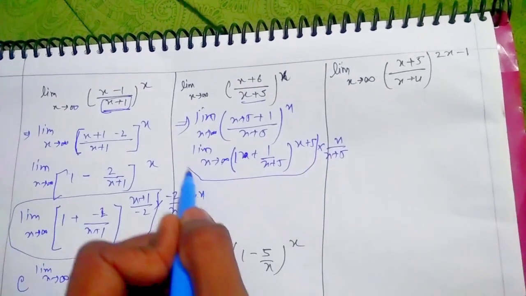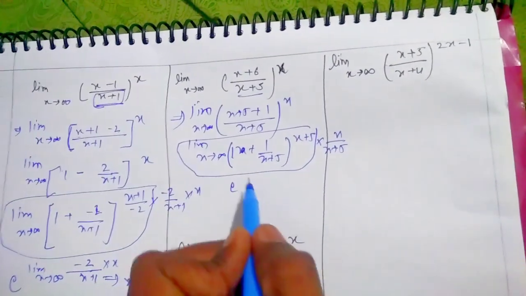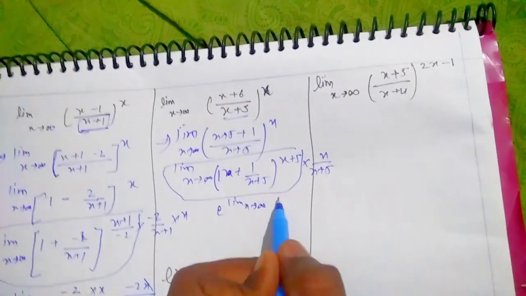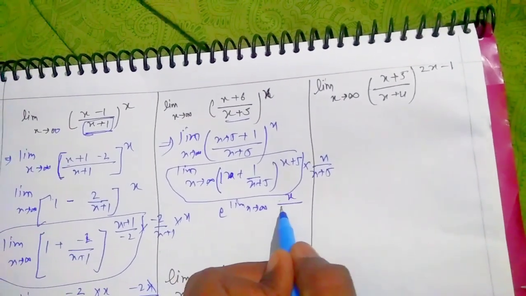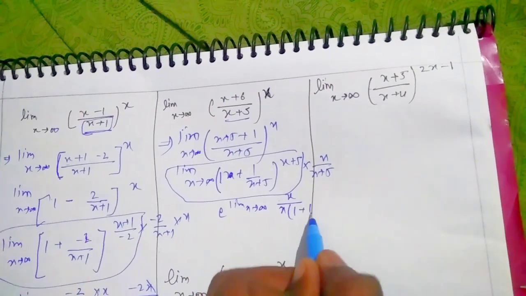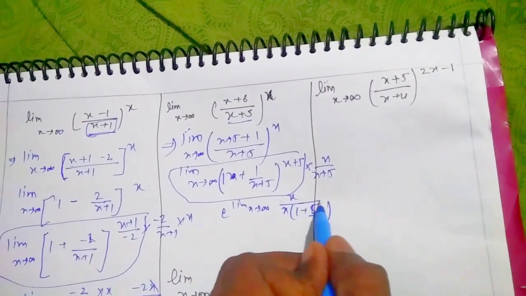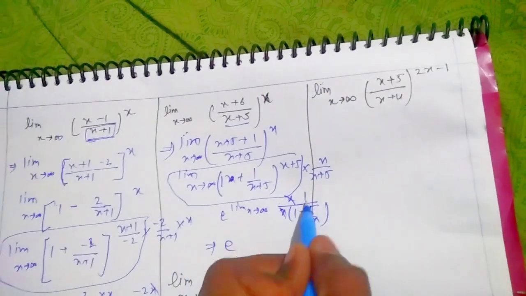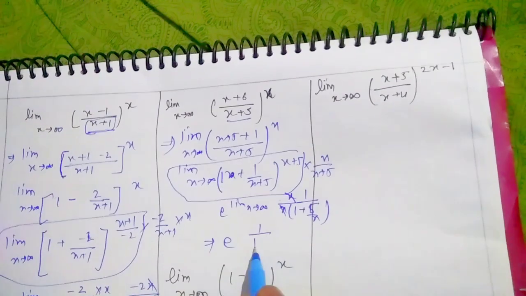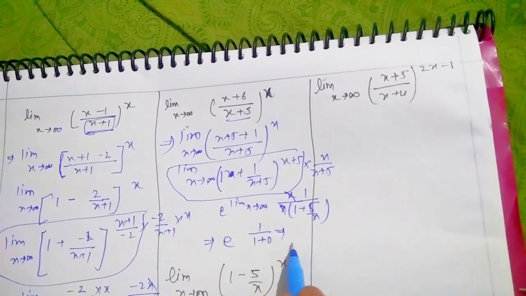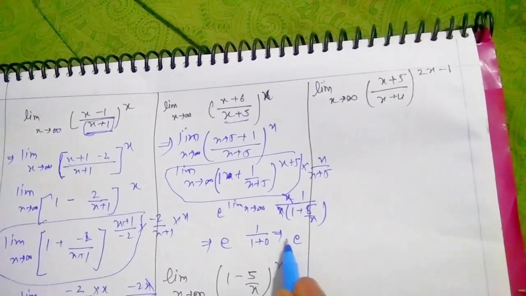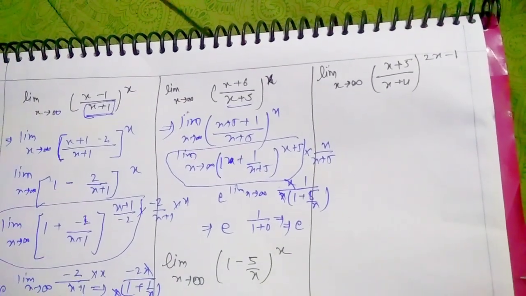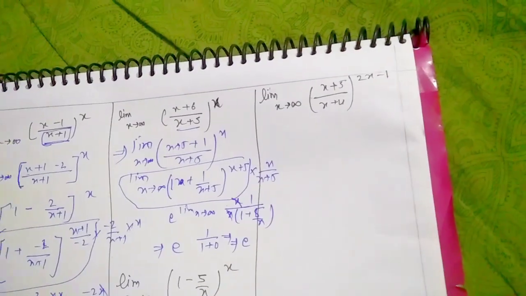So we know the value of this is e, and just take the limit of x tends to infinity, x upon x plus 5, now take common the x, that gives us this, and now put up the value of infinity. So x gonna cancel, so the value of 1 plus 0, that gives us e. So your answer is e. So it is very simple tip.